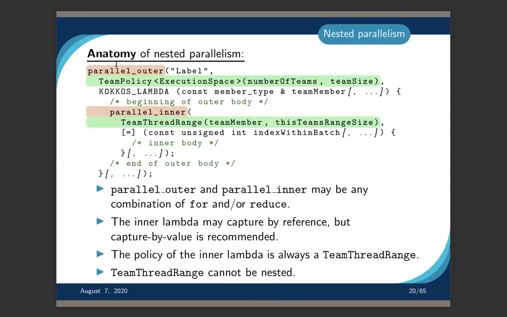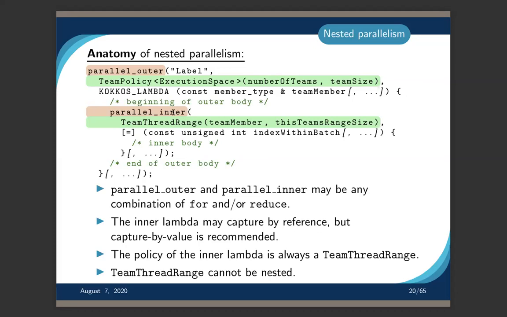So if we now look at the anatomy of how this nested parallelism works, basically you have an outer loop, and that can be a parallel_for or parallel_reduce. You give it the label, you use the team policy, you tell it the number of teams and team size. And then you have inner loops, which use the team thread range. And those can also be, again, parallel_for or parallel_reduce.